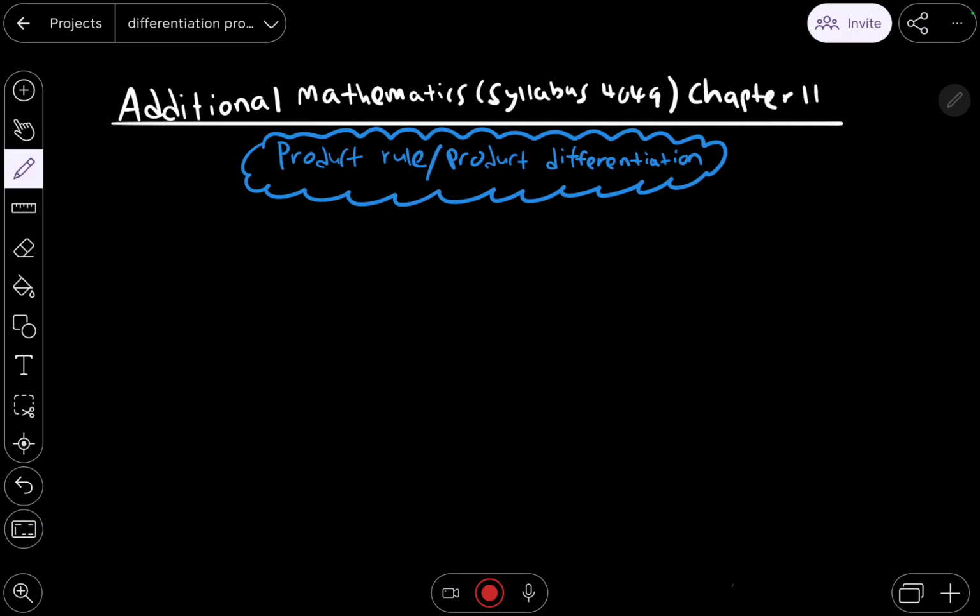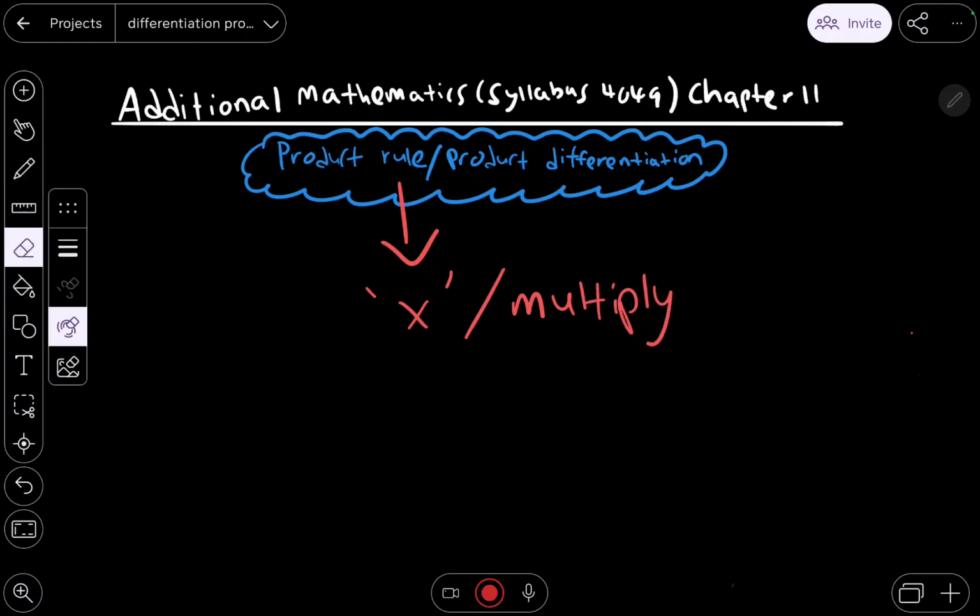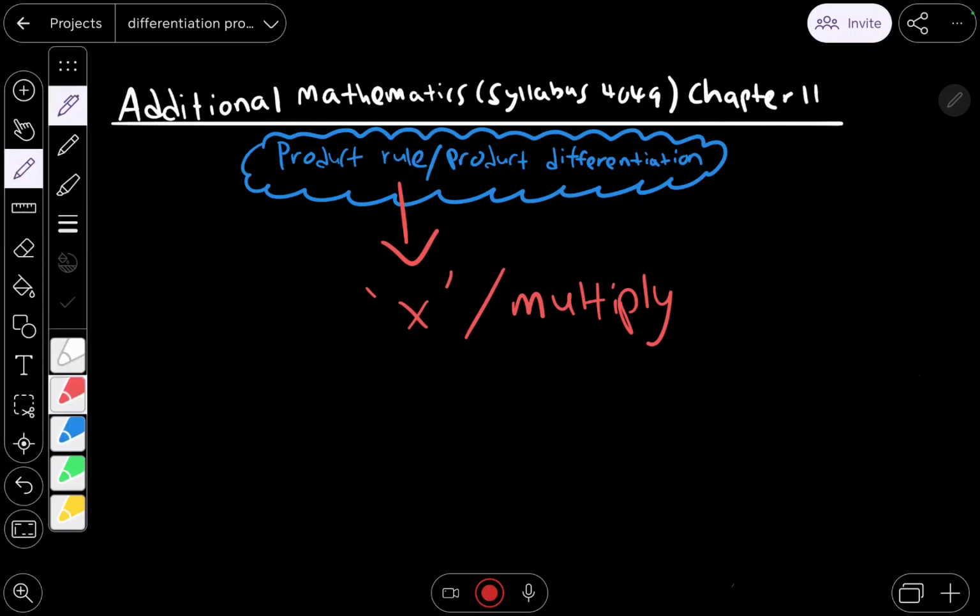Alright, so for me, personally, I'll think of product rule as this term times or multiply. Okay, so I will think of it like this.